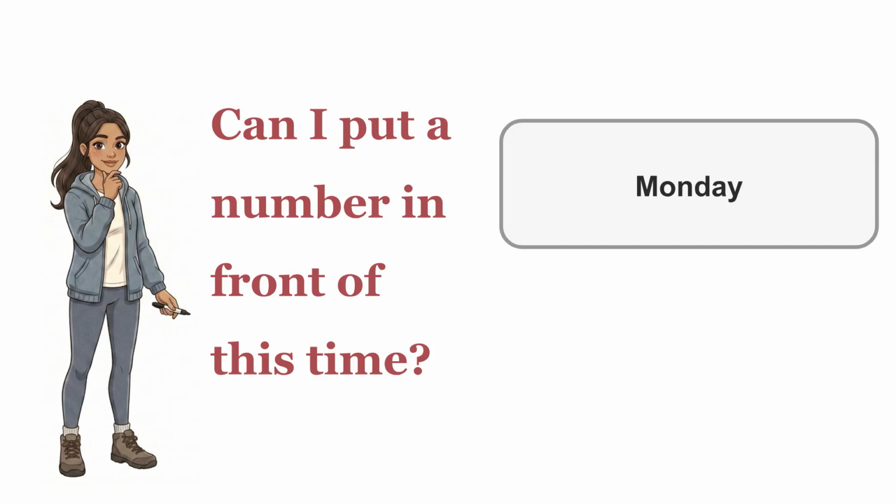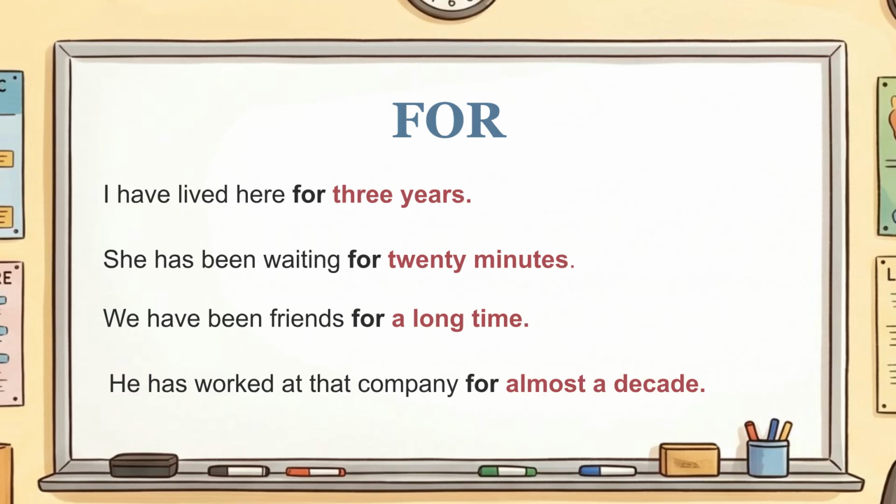No, Monday is not a length of time. You can't say 2 Mondays in this context. Cross. 2022. No, that's a year, a point in time, not a measurement. Cross. If the answer is yes, if it's a duration, a length, an amount, use for.